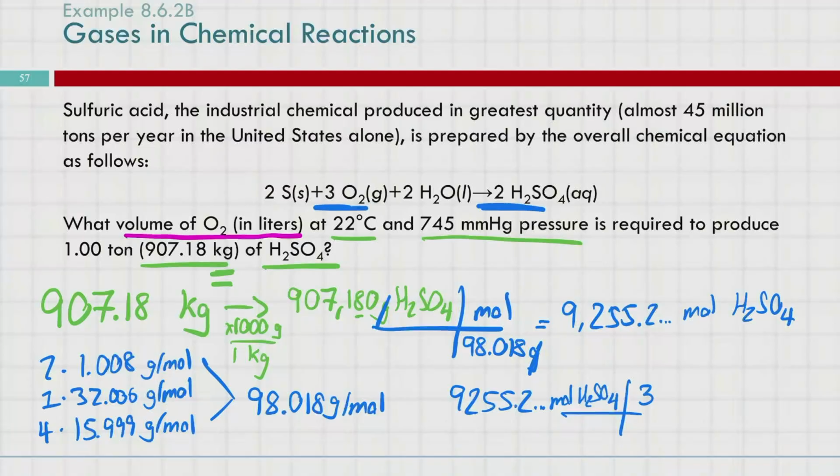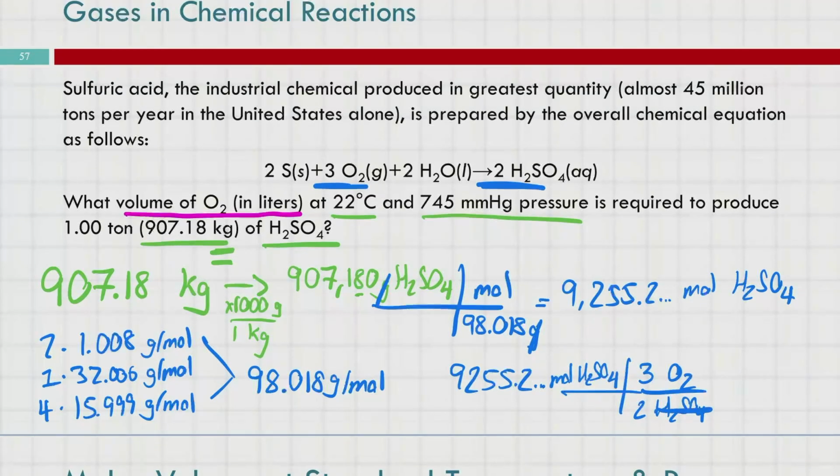So we would need 3 O2 for every 2 H2SO4 that we produce. So that'll convert us into moles of oxygen. Even bigger number. Over 13,000, almost 14,000 moles of oxygen.